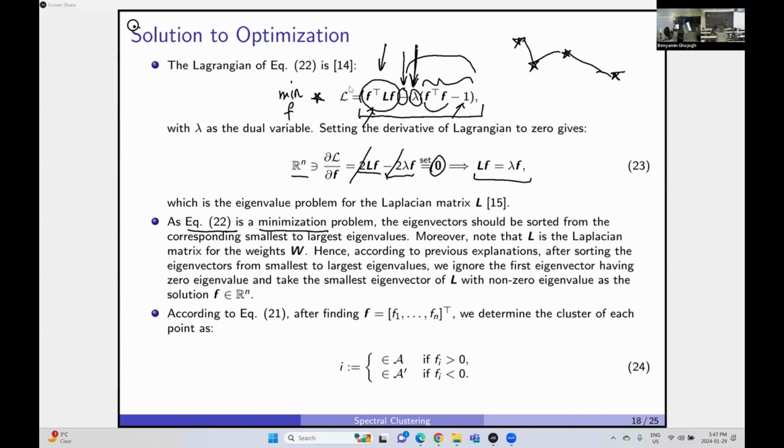The Laplacian matrix L is n by n, because the adjacency matrix is n by n. How many eigenvectors will I have? N, exactly, and n corresponding eigenvalues. Agreed? So now what should we do? F is the eigenvector, but which one? I have n eigenvectors. I should take the eigenvector with the smallest eigenvalue, because it is a minimization problem.